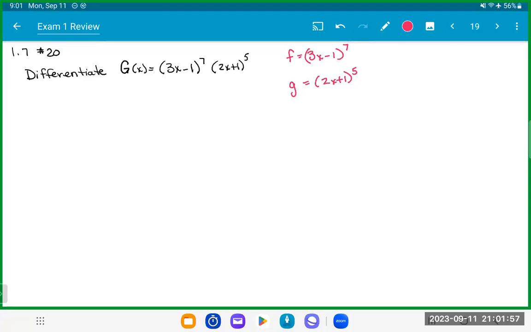When I take the derivative of my f function, that is 7(3x − 1)^6 times 3. We could simplify that and say that's 21(3x − 1)^6. So that's just 3 times 7 gives me that 21.